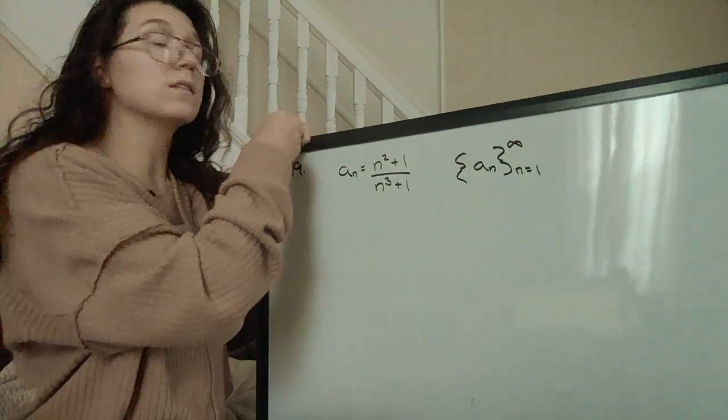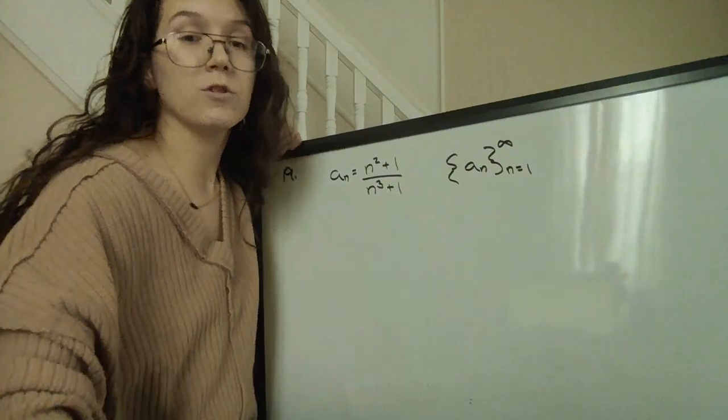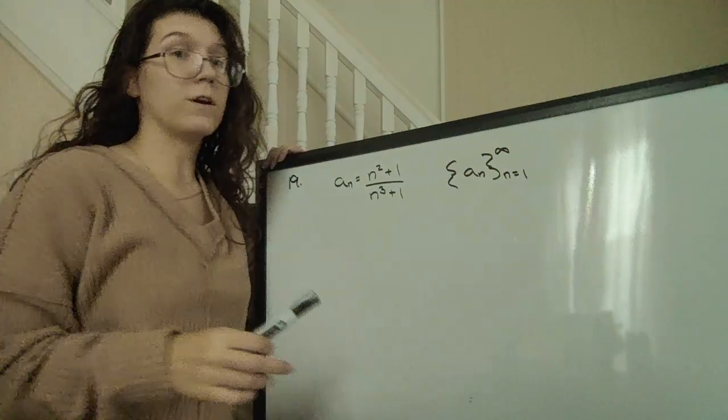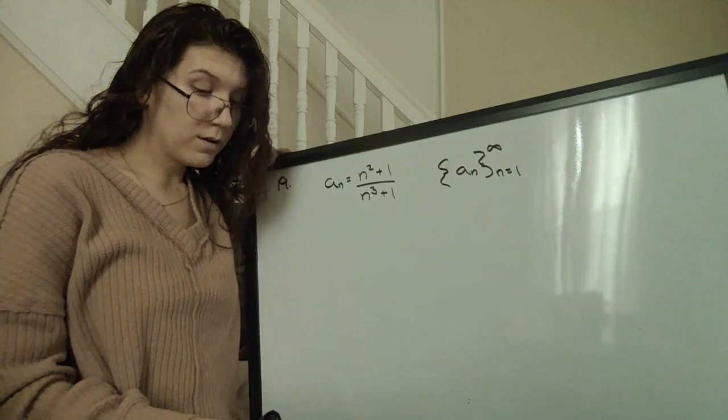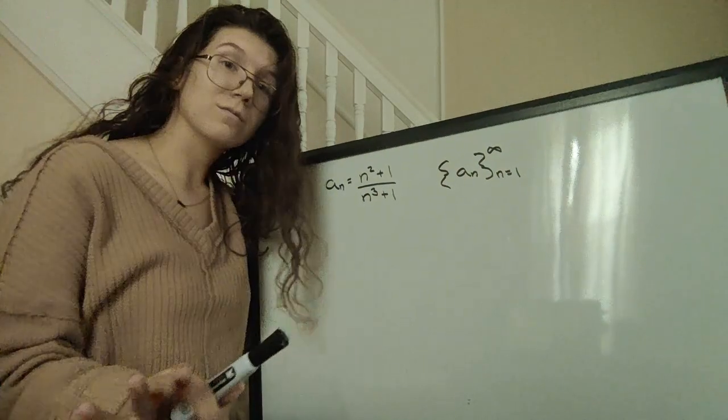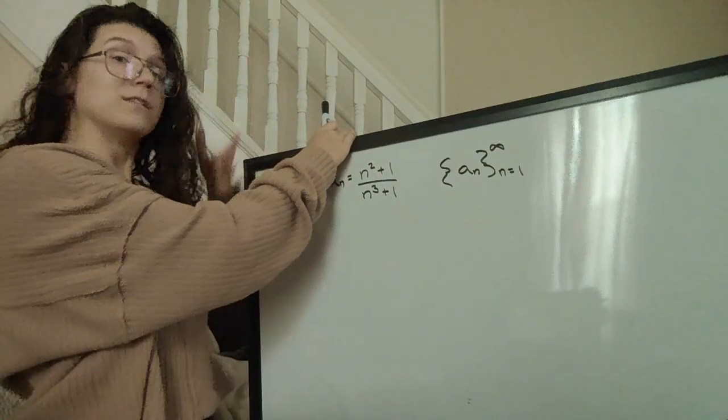This is when we take the limit as n approaches infinity and we see if it converges to a singular number. If it converges to a singular number, then it converges to that number. Right? We're not adding up these numbers.